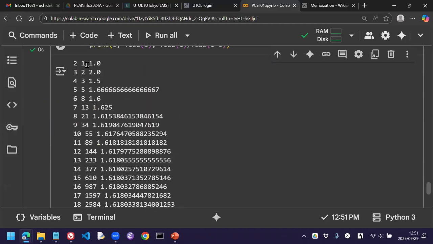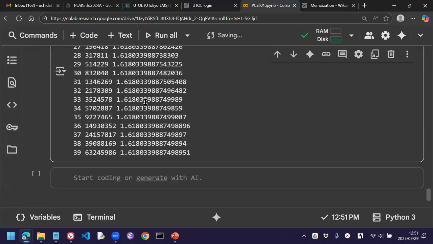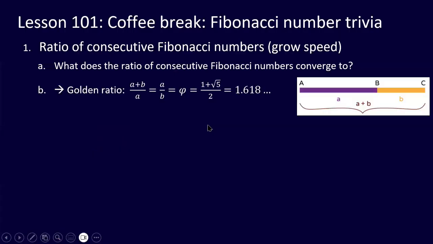Okay, so 2, 3, 4, 5, 6, all the way it seems we're approaching something: 1.618033988749. Yes, some people might know this. This is what we call the golden ratio.